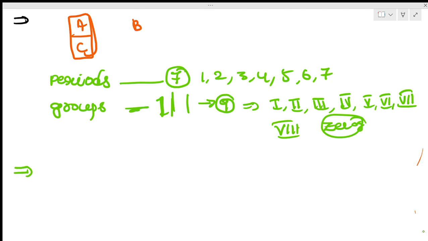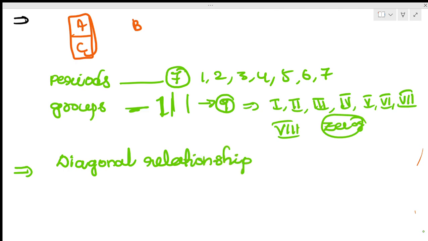Here there is one simple thing, two words we should learn: the diagonal relationship. What is meant by diagonal relationship? For example, lithium, sodium, potassium he kept in the same group. Why?